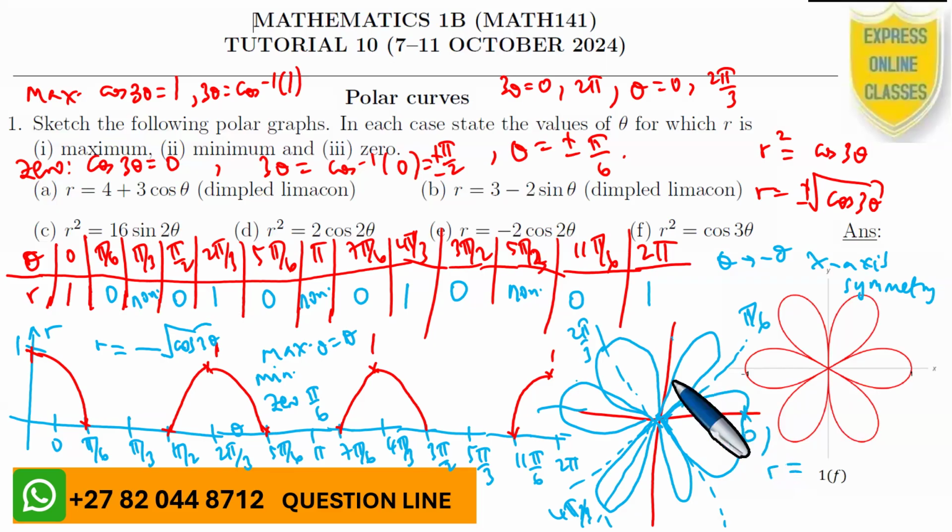Right, and the minimum, because now this graph has a negative, you can see that whenever theta equals pi, then you have the minimum. As much as, obviously, this is undefined there, but we have an image of that. So the minimum, therefore, is going to also occur at theta equals 0, for the negative square root of cosine 3 theta.